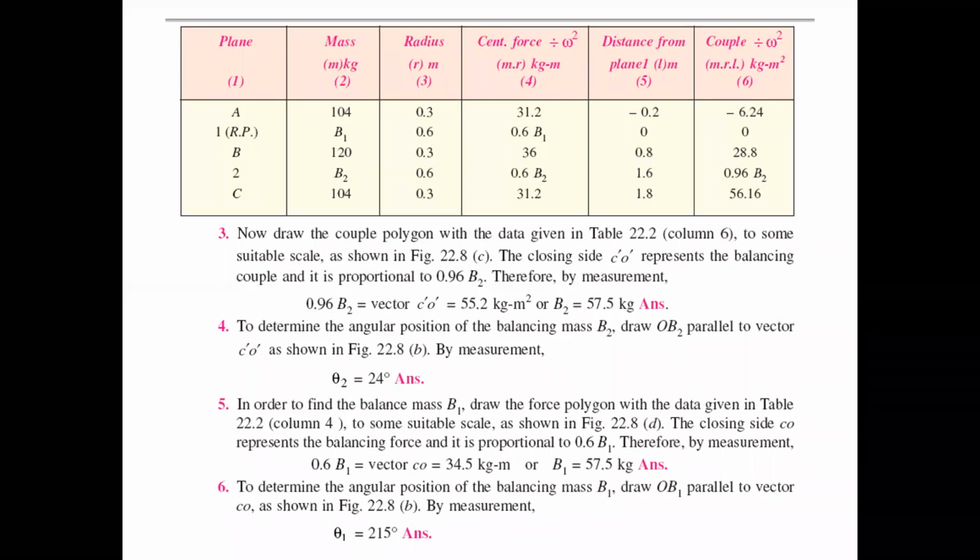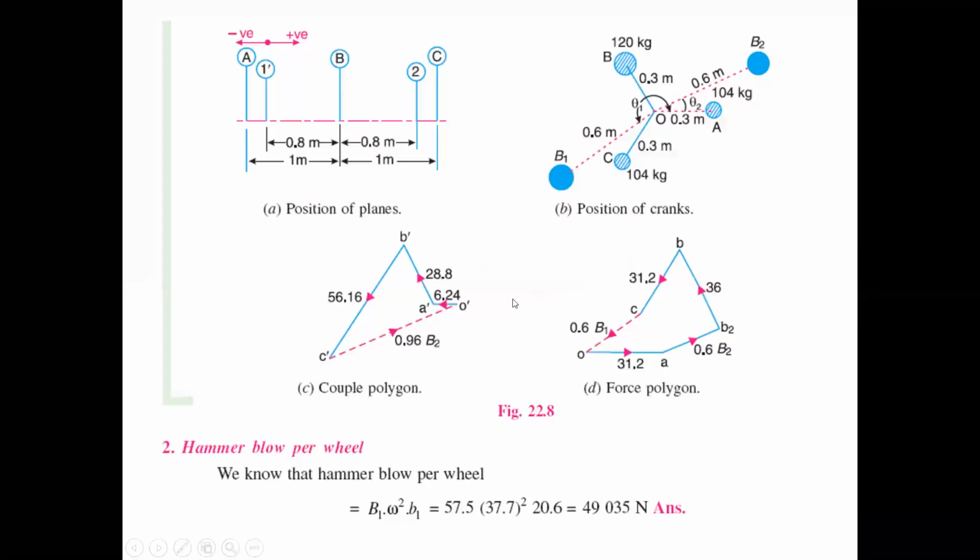couple polygon diagram. First you will start with the couple polygon diagram. The directions are already there in our angular positions of the cranks. Now we will start the couple polygon.